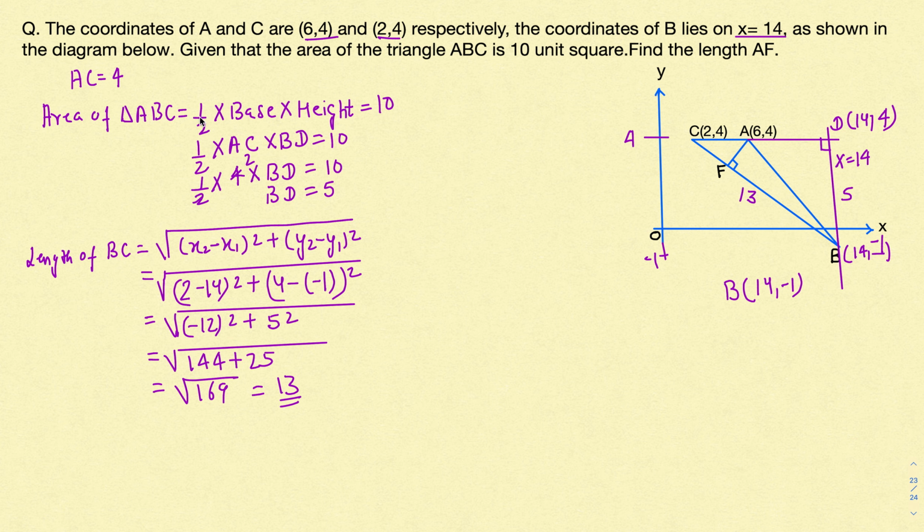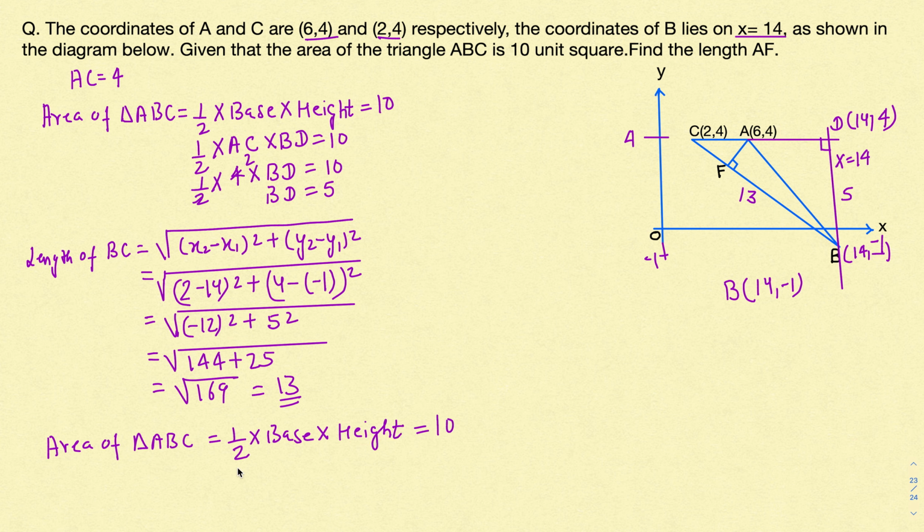Now again, the area of ABC is not going to change. It has to be the same. So we can say that the area of triangle ABC is equal to half times base times height, and that will be equal to 10.